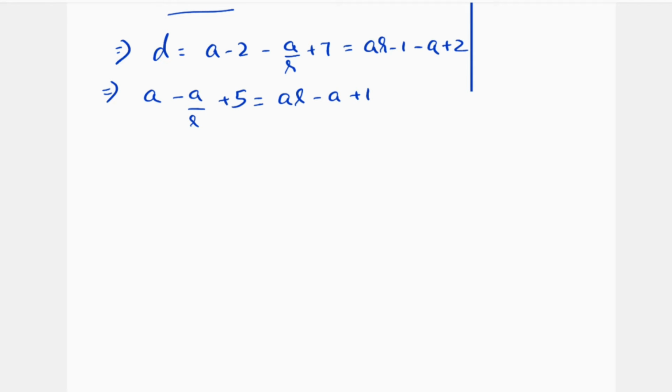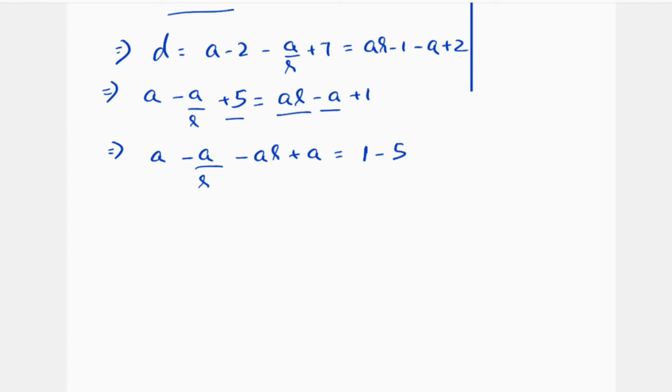Now I have to take all the terms having a on one side and the constants on the other side. So a minus a by r, this ar, when I bring it to the left hand side, it will become negative, minus ar, and this minus a, when I bring it to the left hand side, it will become positive, plus a, equals 1 is already there, positive, plus 5 when I bring it to the right hand side will become minus 5.